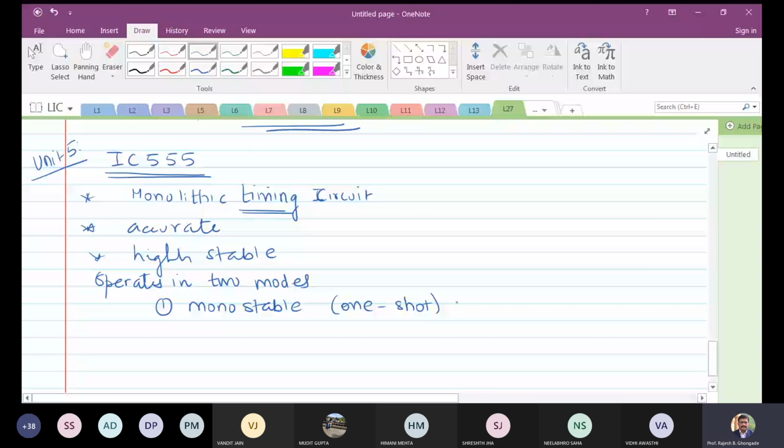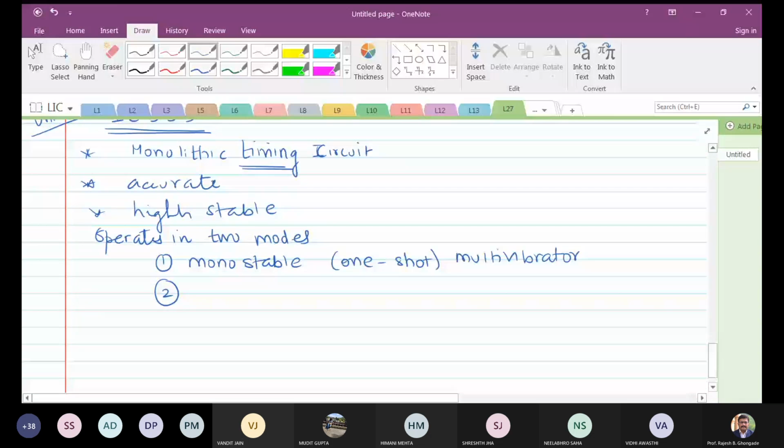We've already seen astable and monostable multivibrators, but with discrete components, isn't it? That is what we have done in EDA. And the second mode is called the astable, also called the free running multivibrator.